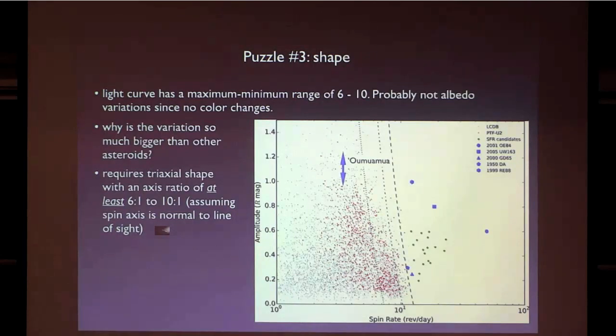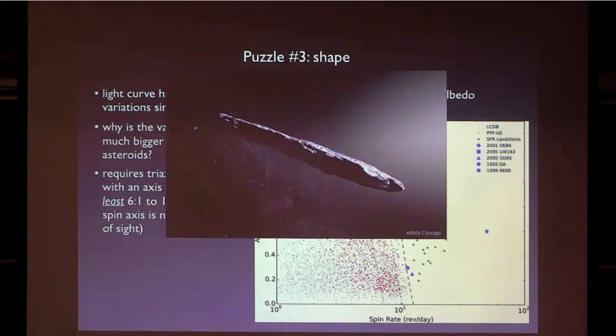There are no color variations in the light curve, which suggests that it's not albedo variations. In comparison to other asteroids, you can see the spin rate is not so bad, but the amplitude of the light curve is way up at the top end of solar system asteroids. This, of course, has led to the iconic picture of what Oumuamua should look like.